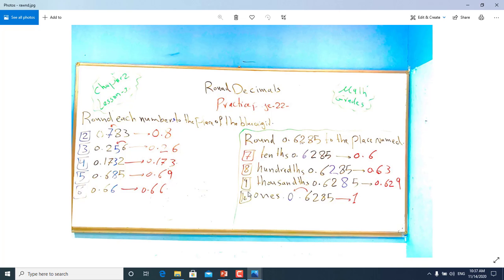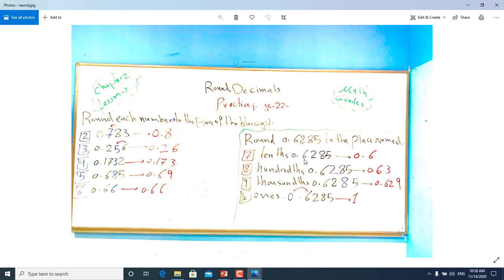And from number 7 to 10, round 0.6285 to the place named. That means from number 7 we'll round to the tenths, from 8 we round to the hundredths, from 9 we will round for the thousandths, and from 10 we will round for ones. From number 7, this 6 is the tenths, we make it a blue digit.